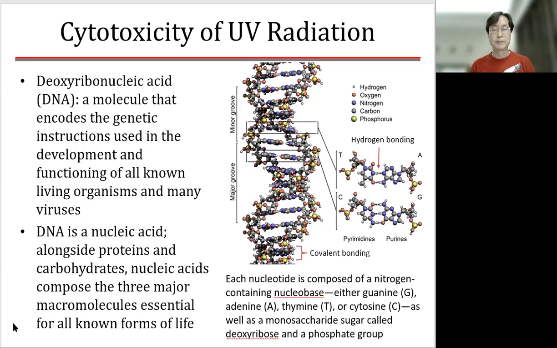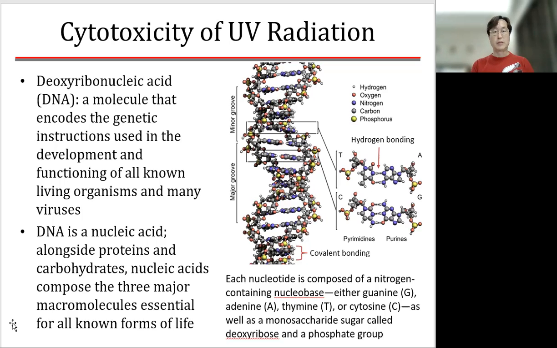UV light has very high power, so that it can cause photoablation, which means dissociating the molecules in the tissue by providing enough energy to break the bonds between molecules. So when the UV light comes, it can also cause damage to the tissue, and it can directly damage the DNA.